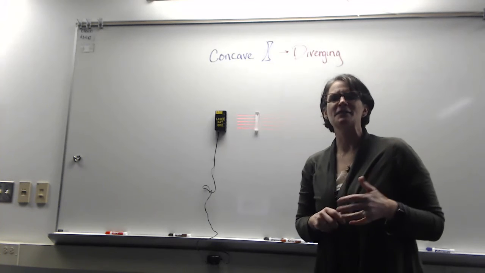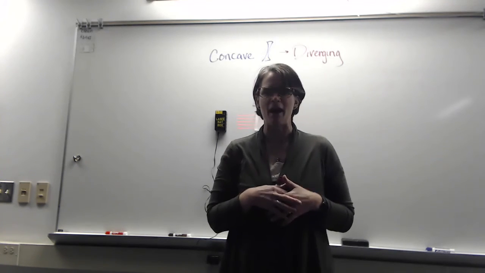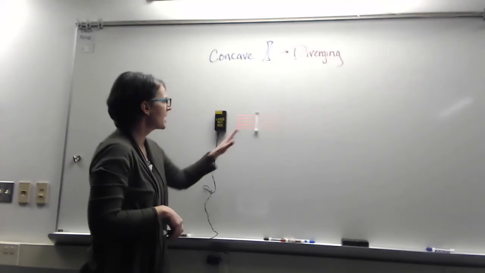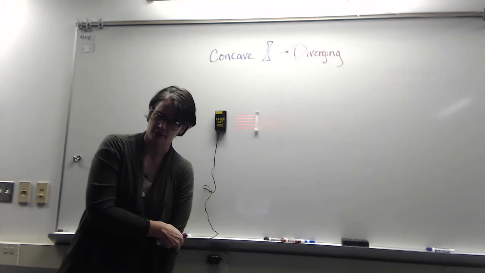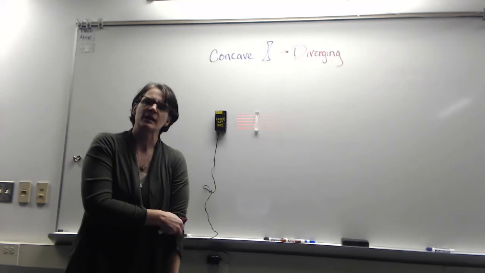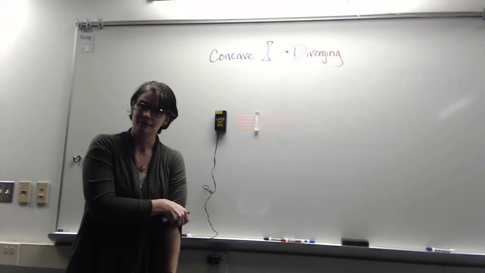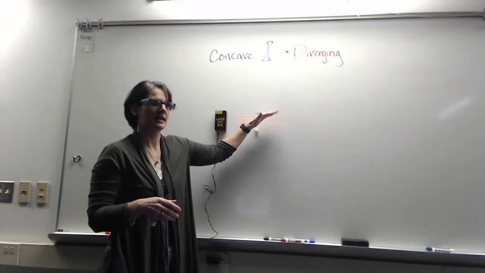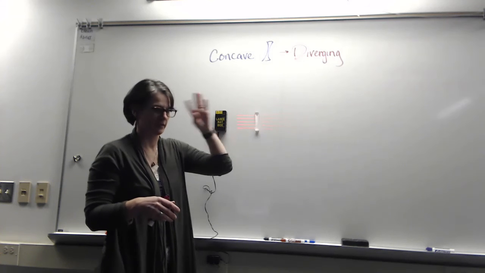Now, with the convex lens, we went through that refraction method of zooming in. I'm not going to take the time to do that right now, but it is because of that curvature that the rays of light are bent in an upward direction at the top of the lens and a downward direction at the bottom of the lens.